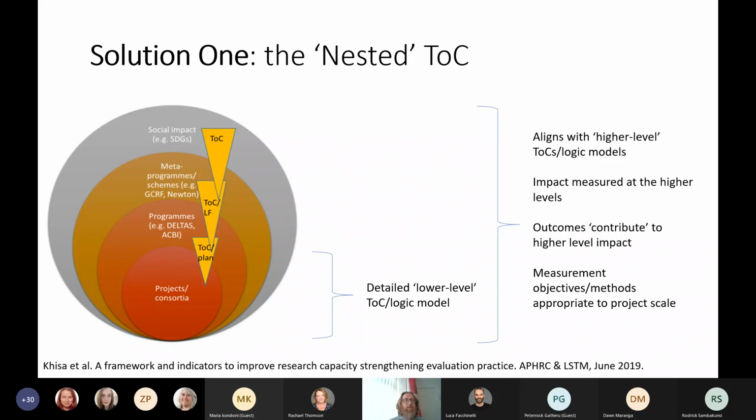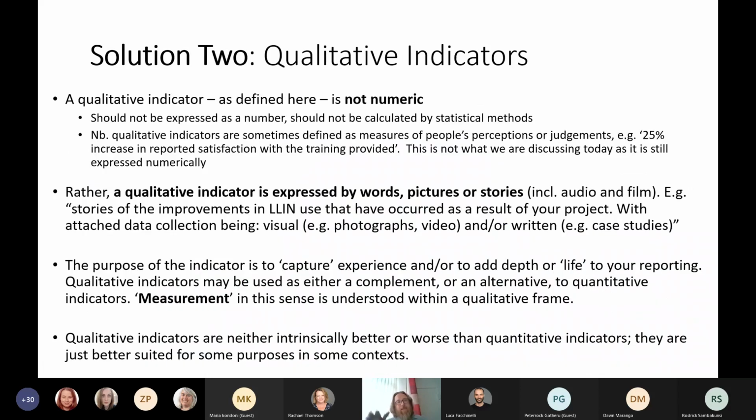A second solution is to employ qualitative measures of outcome, or impact, but really we're talking about outcome. In both logic models and theories of change, these are not methodologically specific, so you can employ quantitative indicators, qualitative indicators, or a mix of the two.